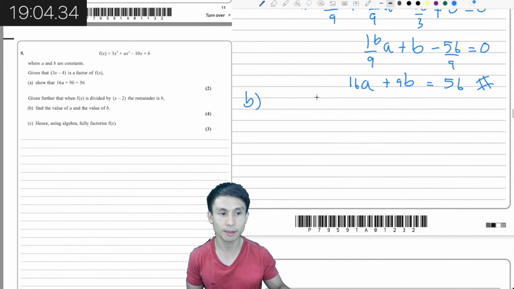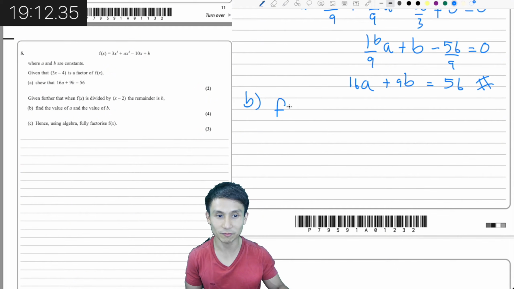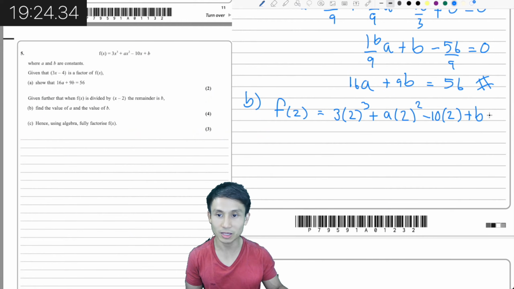B, sorry. Given further when f(x) is divided by x minus 2, the remainder is b. Right, so we're going to do f(2) now, and the remainder will be put to b, right? So this is 3 times 2 cubed plus a times 2 squared minus 10 times 2 plus b equals b.